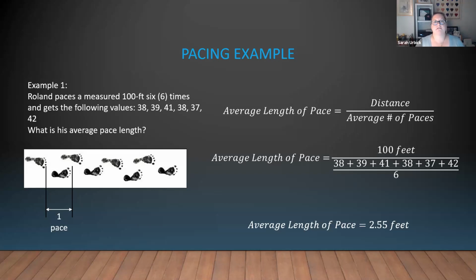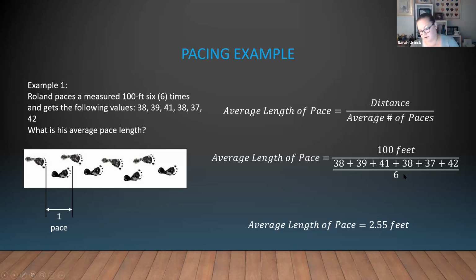The average length is going to be our total distance, which is going to be a measurement of length, and then the average number of steps. How many feet per step are we calculating? So we need to calculate the average of Roland's various steps: 38, 39, 41, 38, 37, 42, and he did it 6 times.